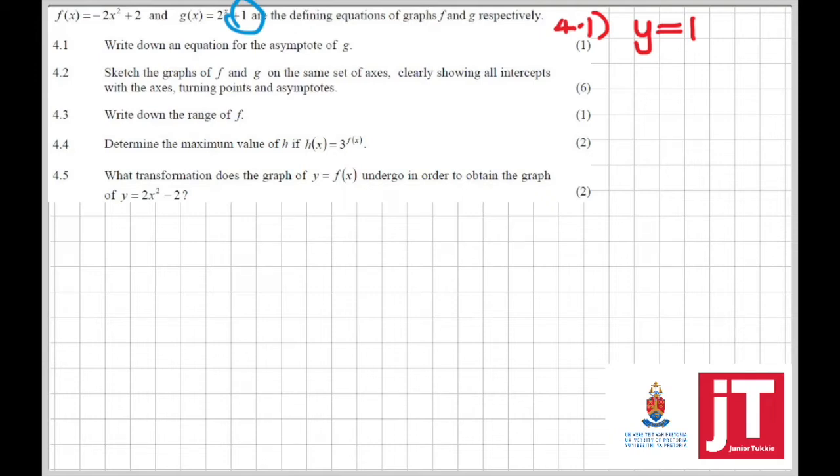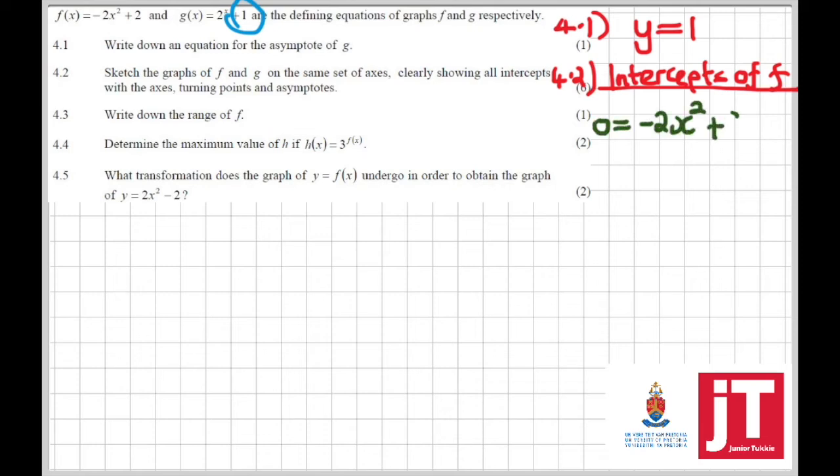We're required to sketch the graph of f of x and g of x on the same set of axes, showing all intercepts with the axes, turning points, and asymptotes. So to sketch that graph, we need to find intercepts first. The intercepts of f: 0 is equal to negative 2x squared plus 2.